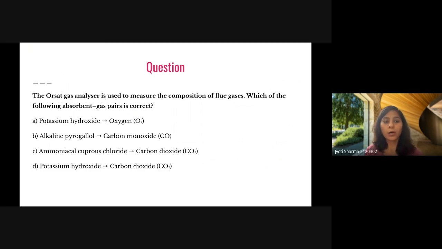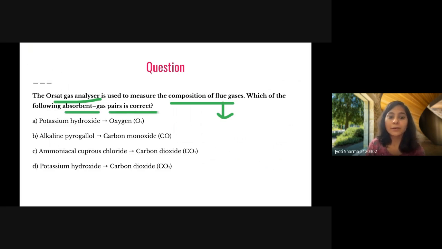Okay, so one analyzer, that is Orsat gas analyzer, we use in the laboratory, that will measure the composition of flue gases. Can you tell me what you mean by flue gases? And which of the following absorbent gas pair is correct?